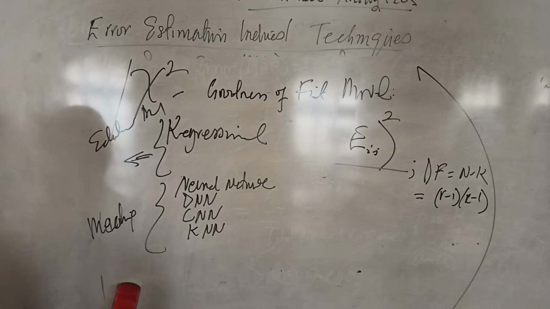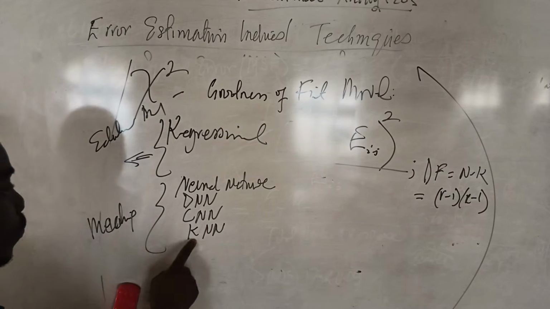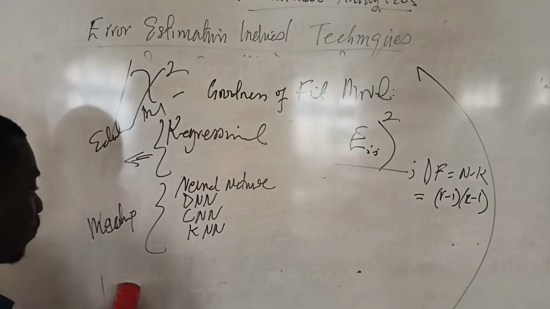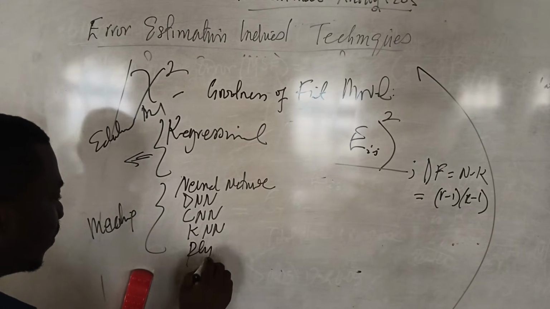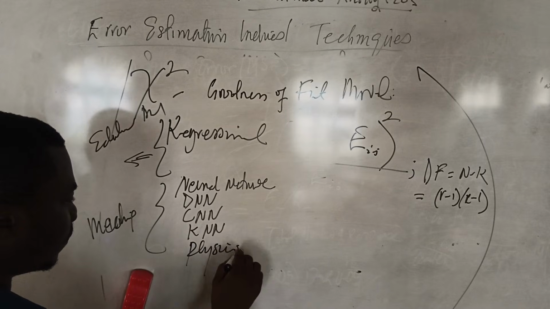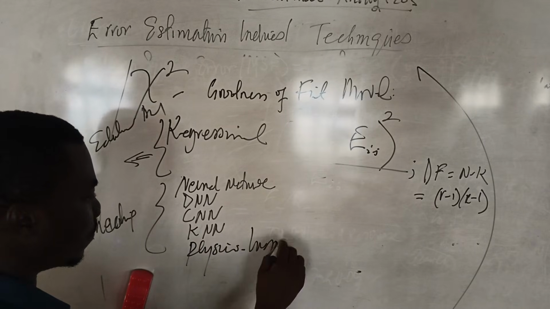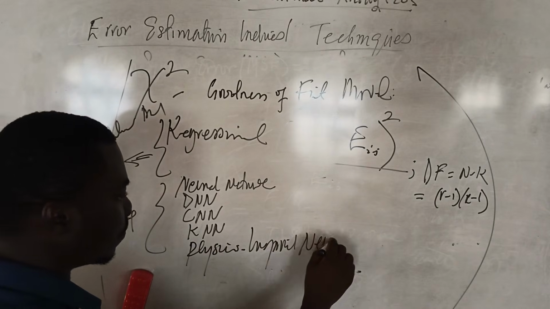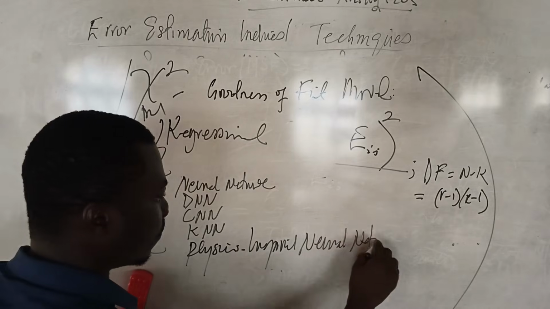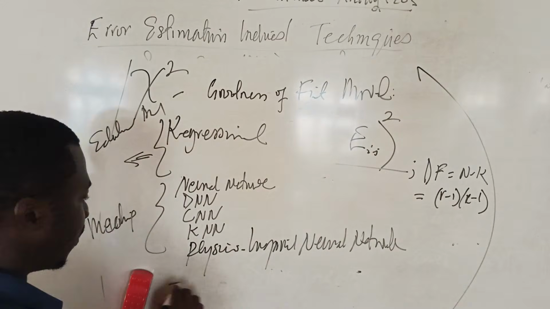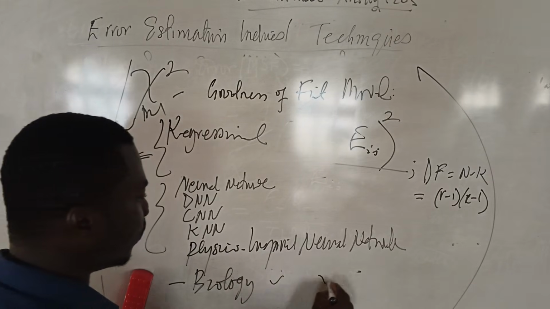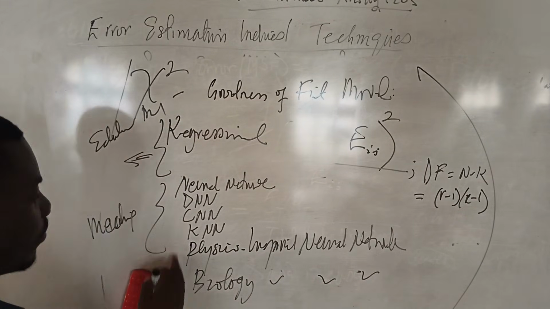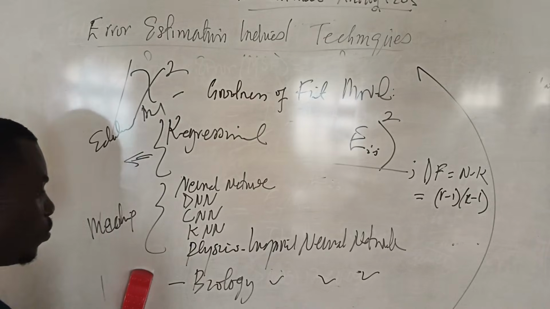So irrespective of the analytical models that you are going to choose or create, because recently we have this physics inspired neural network. Then we now have a biology inspired neural network. These are recent ones that have just been introduced.